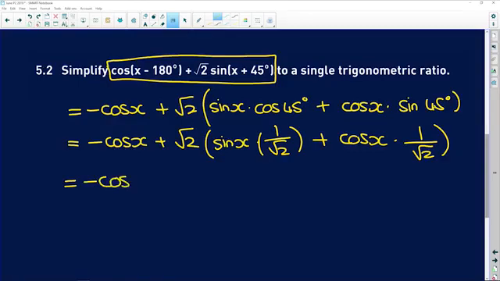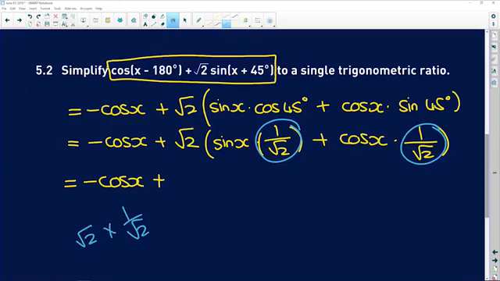Negative cos of x plus. Okay, so now if we look here, if we multiplied out the bracket, we would have root 2 times 1 over root 2 for both of these terms. You've got a 1 over root 2 there and a 1 over root 2 there. So those two are going to divide into each other to give us 1. So essentially, these terms cancel each other out.